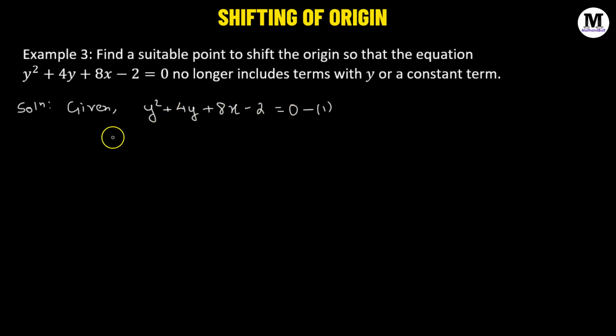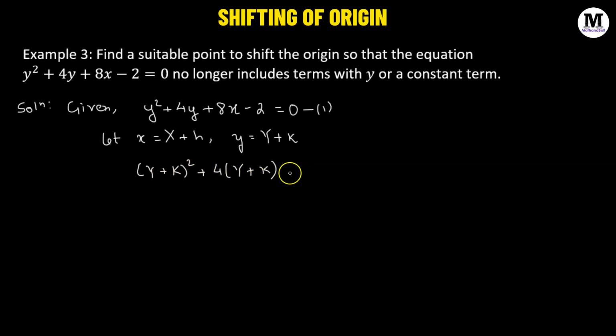Now let's transform this equation. We're going to make the transformation. We're going to replace x with X in uppercase plus h, and y with Y plus k. So let's substitute here. We're going to get Y plus k whole squared added to 4 times Y plus k plus 8 times X plus h, minus 2 equals 0.